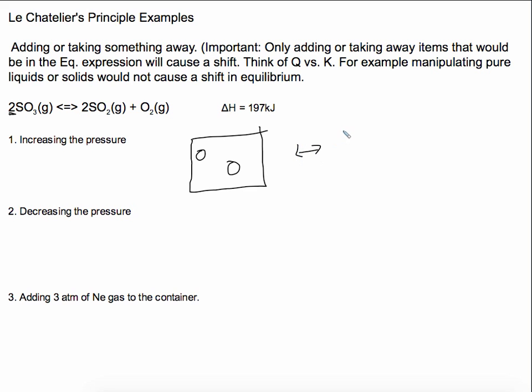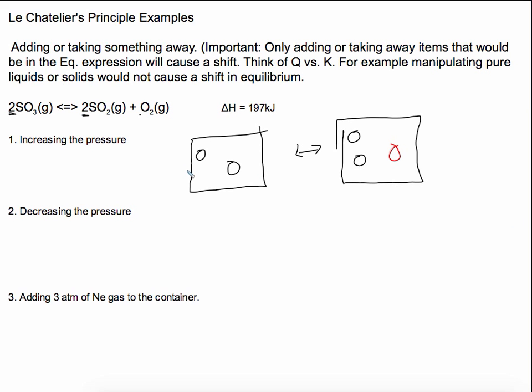On the right side, now remember they're all in the same container, but I like to just divide it up like this. On the right side, I have 2 SO2s, so there's 2 there, and 1 O2.